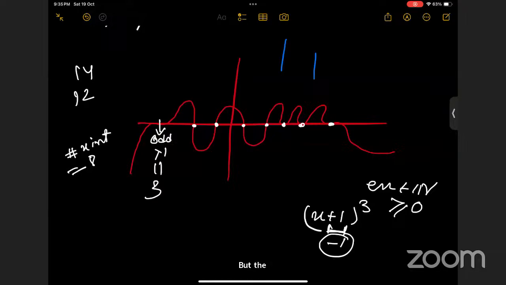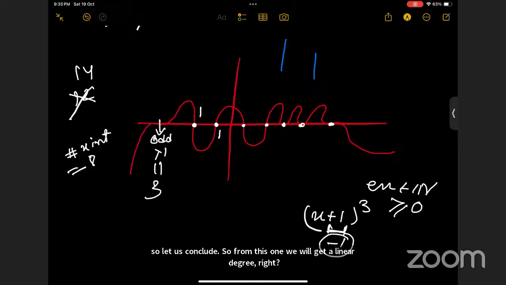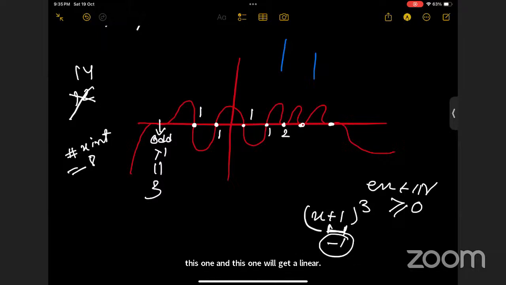Ma'am, I would like to correct myself. It's 14, not 12. So let us cut the 12. Yes, agreed with ma'am, it's 14. So let us conclude. From this one, we will get a linear degree, right? Similarly for this one, and this one, we will get a linear. From this point, we will get a 2.